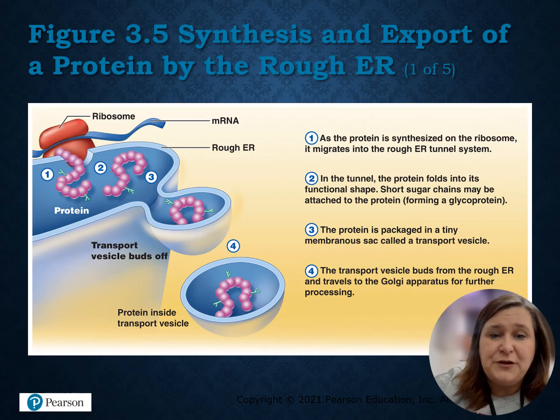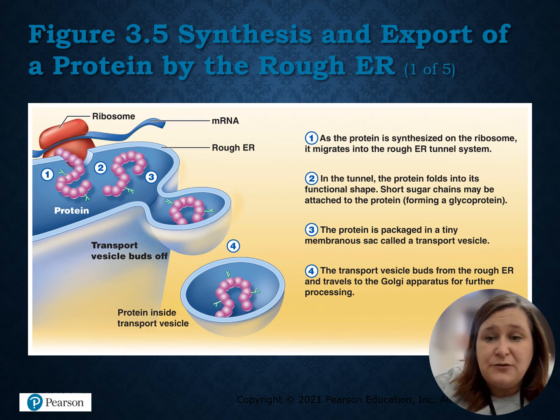I put you a little table here that shows kind of how the synthesis and export of a protein happens by the rough ER. So essentially the first thing that is going to happen is as the protein is synthesized on the ribosome, it's going to migrate into the rough ER tunnel system. So here's your little ribosome. Here's the little protein that it's making, and it is migrating into the tunnel system.